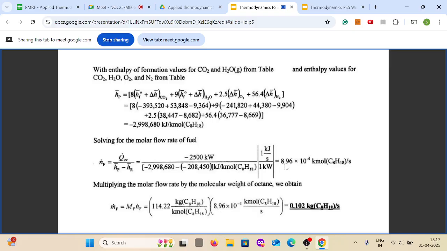Multiplying by 8.96 into 10 power minus 4 gives 0.102 kg of octane per second. So that is the flow rate of octane to produce 2500 kilowatts of heat.